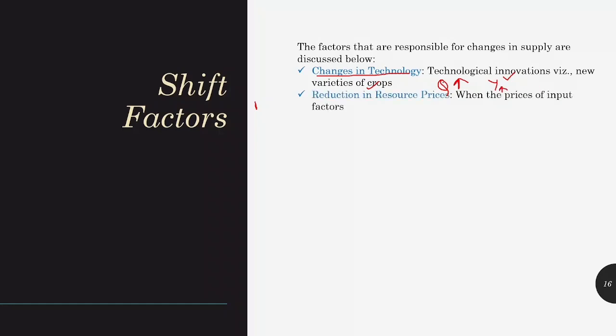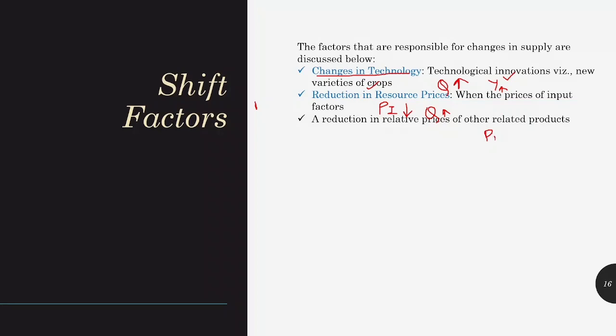Now another factor could be reduction in resource price. Suppose the price at which inputs are purchased decreases. So what will happen? The producer will buy more of the inputs, so he'll produce more of the commodity. So there will be increase in supply. Then a reduction in relative prices of other related products.